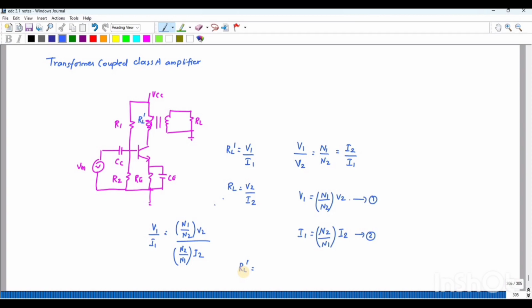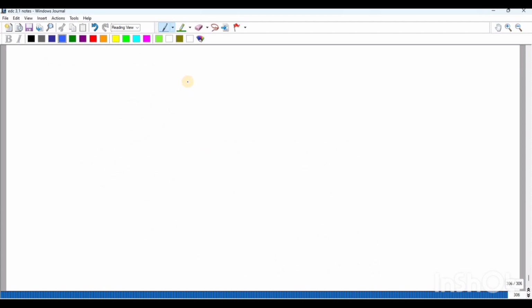Here N1 is the primary turns and N2 is the secondary turns. So I can write RL bar is equal to N square into RL, where N is 1 by N, that is equal to A, or I can write it as N1 by N2. Therefore RL bar is equal to A square RL.